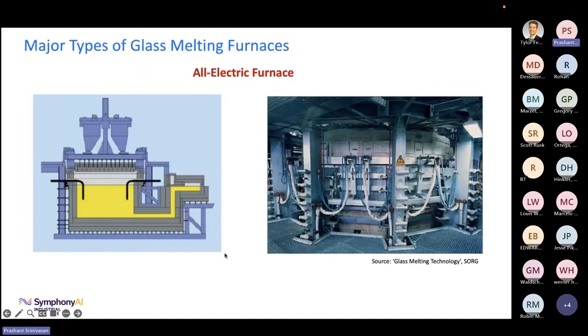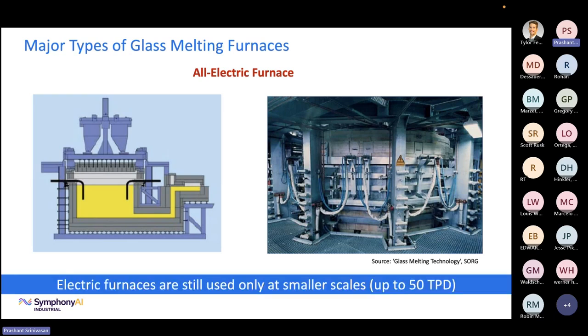And you also have the all electric type of furnace where you don't have any fossil fuel combustion happening. So obviously these are very clean and you don't have the problem of emissions. So they are becoming more popular. However, they are much more costly, both in terms of the capital investment and also in terms of maintenance of these electrodes.